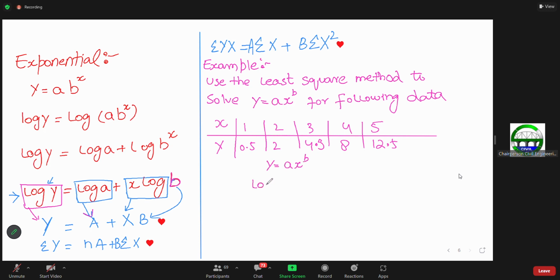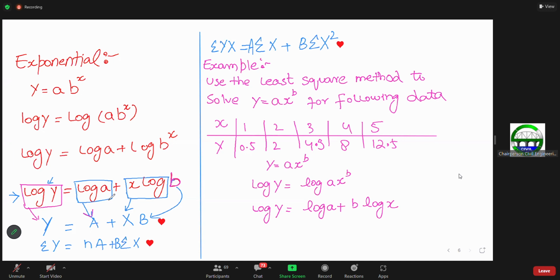Log of y is equals to log of a x raised to power b, or I can write it log of y is equals to log of a plus b log of x. Okay, I can write in this way.